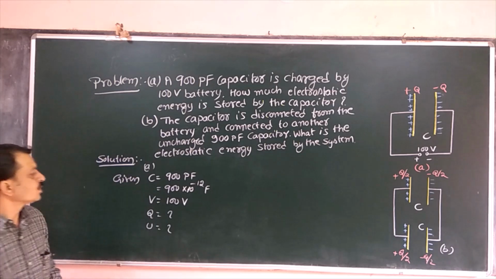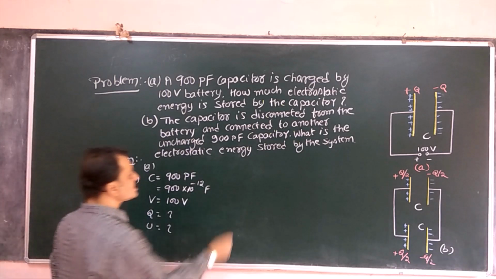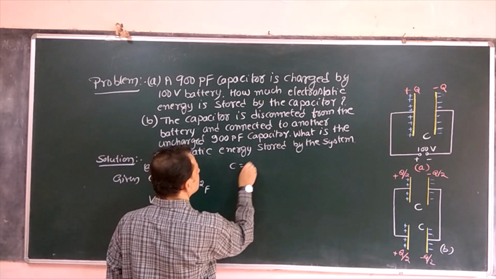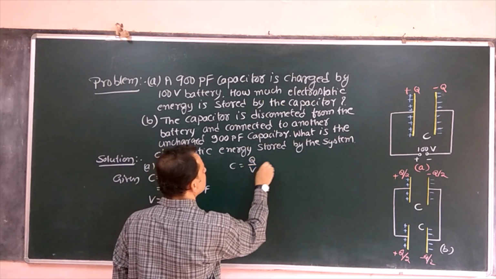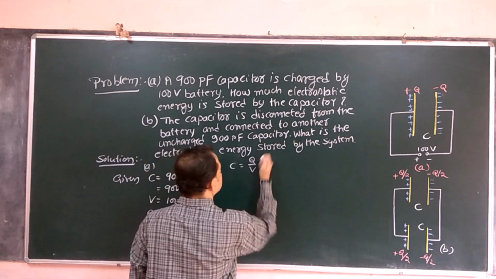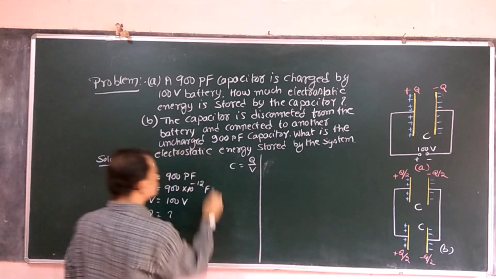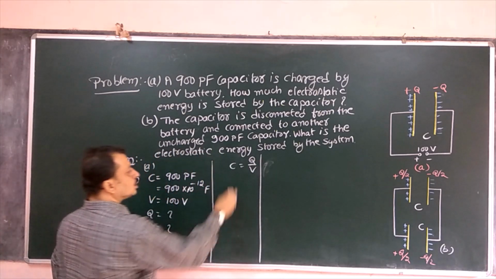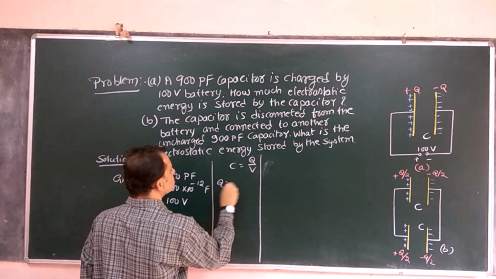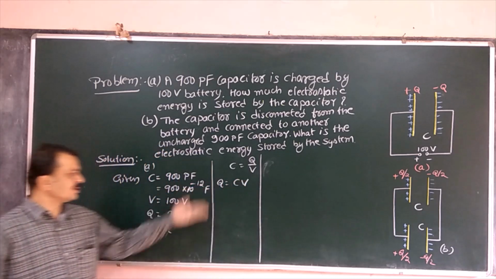Very simple. By the definition of capacitance, C is equal to Q by V, which implies, let me write here, Q is equal to C into V, a simple formula.